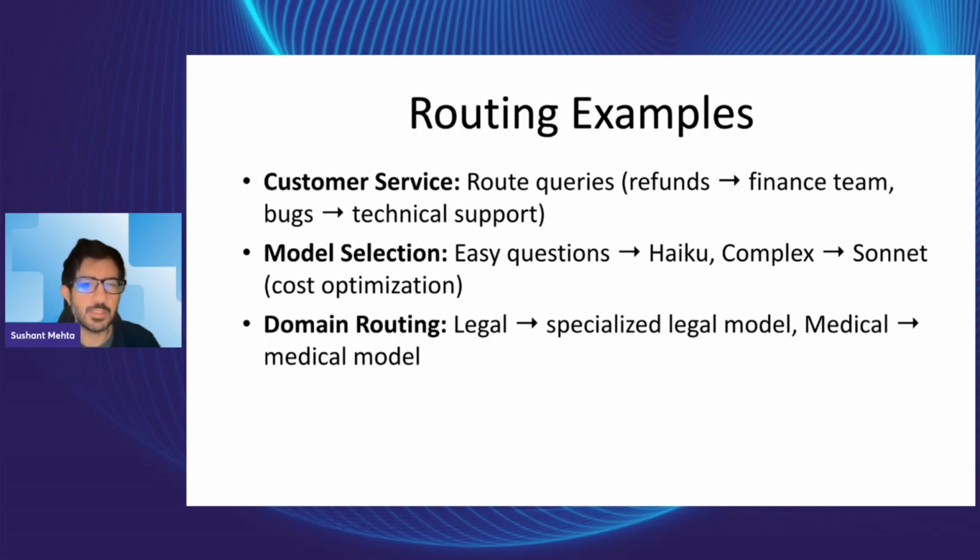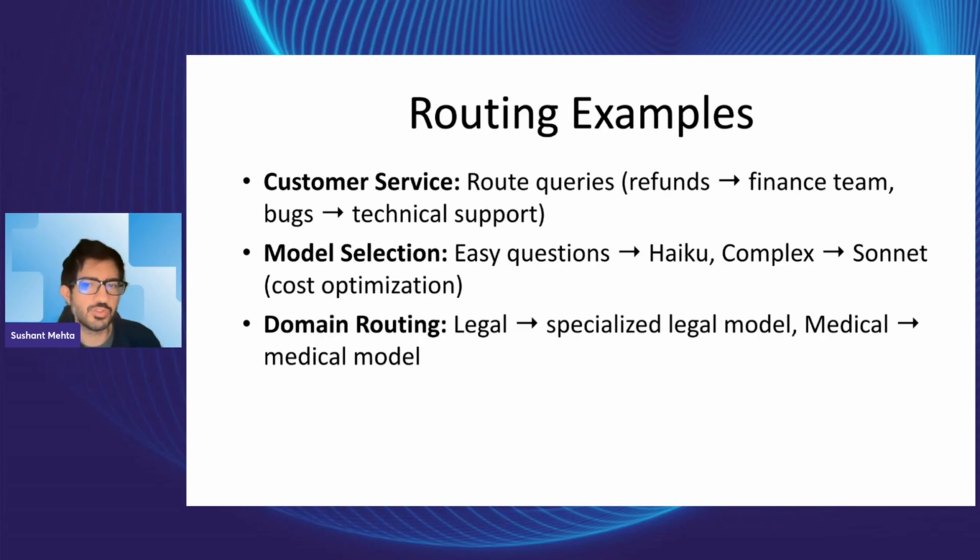I gave an example of this, but a couple more examples: for instance, if it's a customer service setup where you have a router model and requests come in, you can reroute your request to the technical team or finance team. And when I say team, it could also be models handling those requests. There's also this thing we see in some frontier model providers where based on the difficulty of your prompt, they decide behind the scenes which model to route your prompt to.